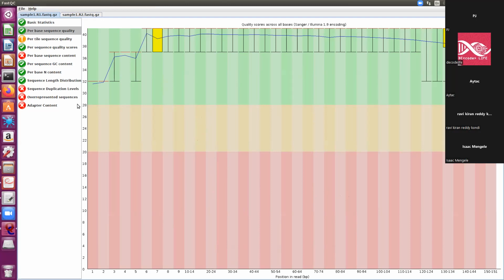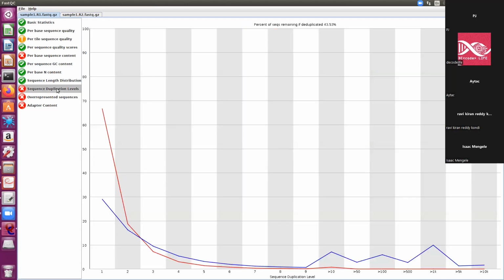On the left side with X. See, there are two lines. It is mentioned here that the percentage of sequences remaining if deduplicated, for overall, is 43%.